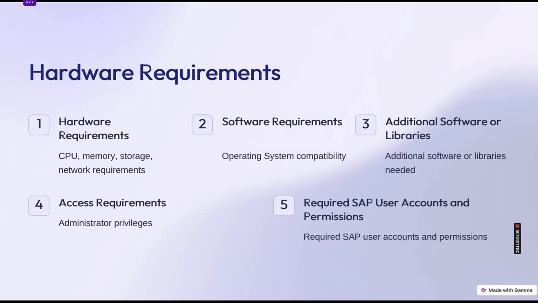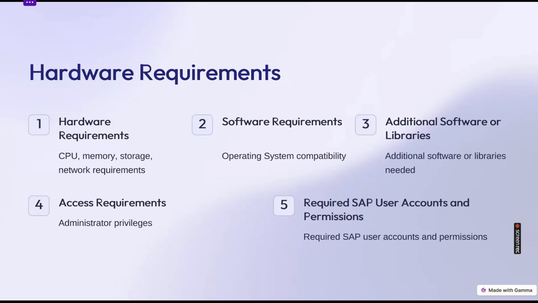Second, we will talk about software requirements. In software requirements, generally we focus on the operating system and its compatibility. Third one, additional software and libraries. While installing SAP HANA, sometimes we need additional software.